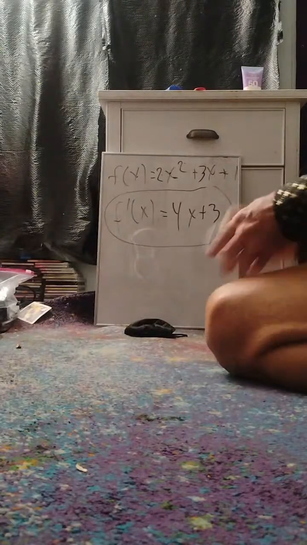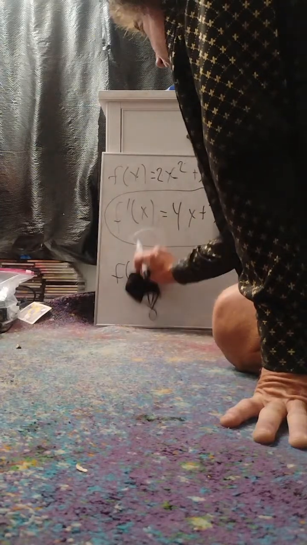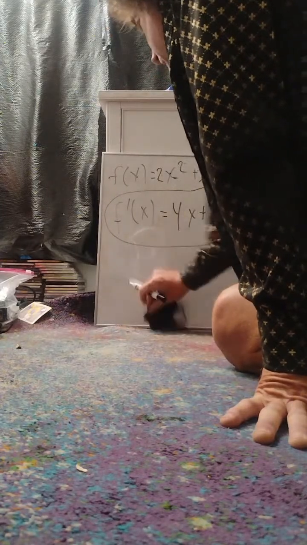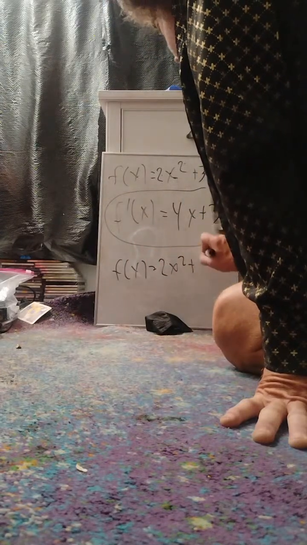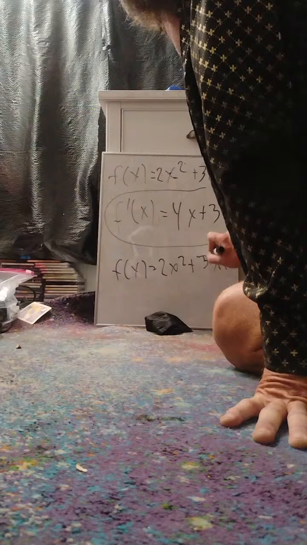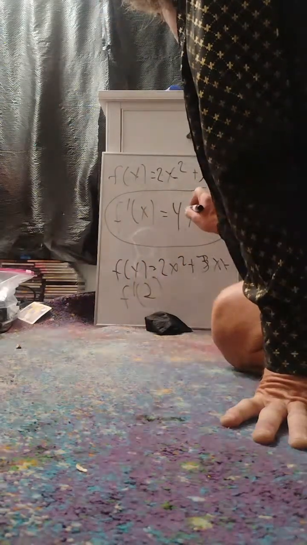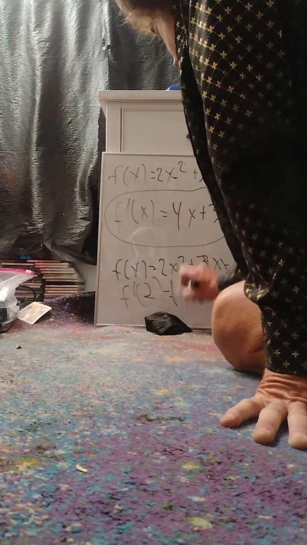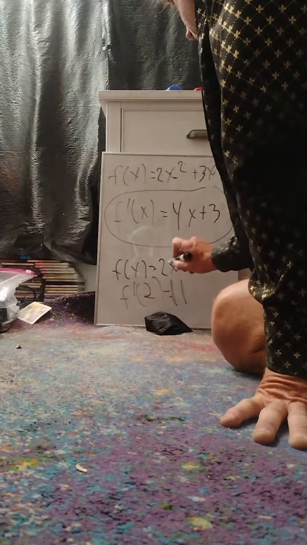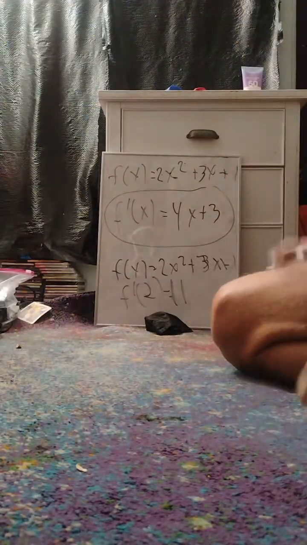So let's say x equals 2. If f of x is 2x squared plus 3x plus 1, then f prime of 2 is just 11. That means at the point x equals 2, the slope of this function is 11.